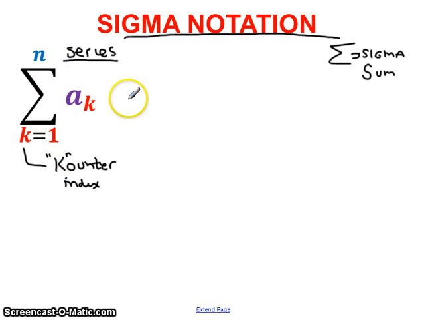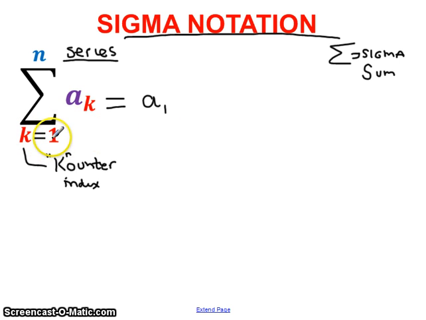So, how does this work? This particular formula would tell me to do the following. Take k equals 1 and plug it into the expression. Well, this expression is pretty easy. That gives me just a sub 1. After I get that value, make k 1 higher than you have.